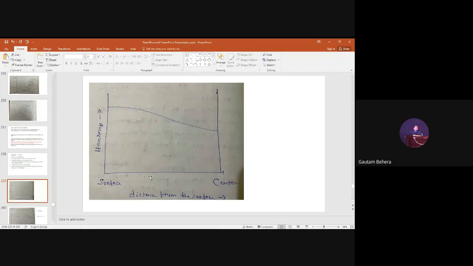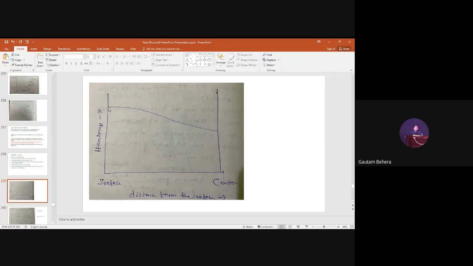Suppose you have a piece of steel of cuboid shape, right? This part shows the center of the steel, and this part shows the surface. So from the surface you are going to the center like this. So what will be the hardness? You can see the graph is this one.